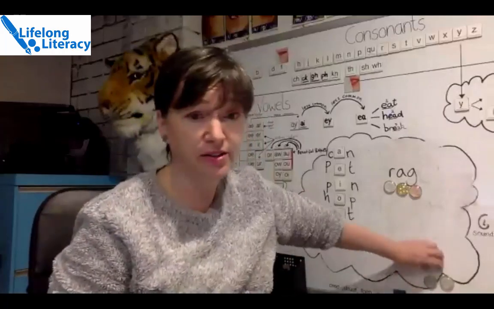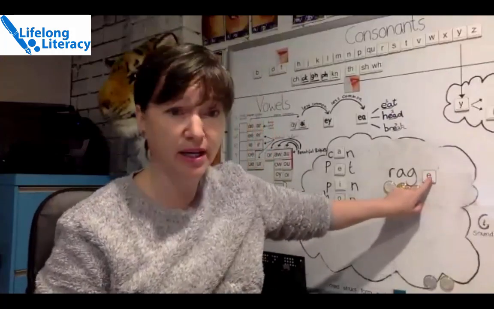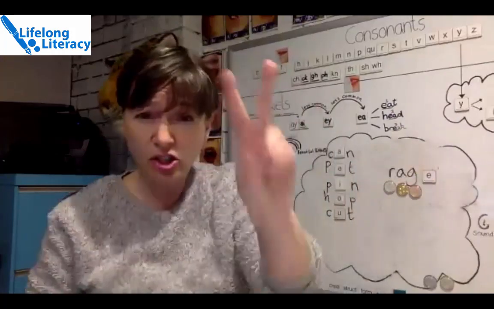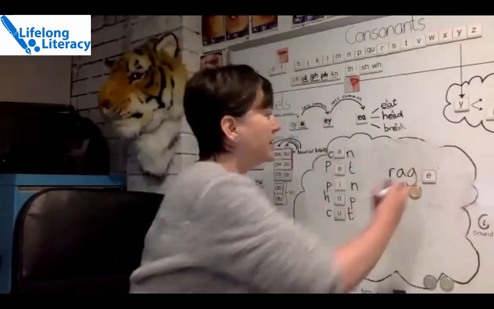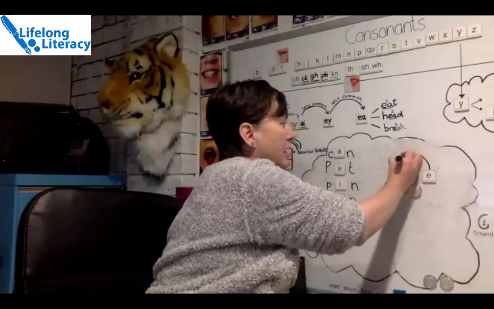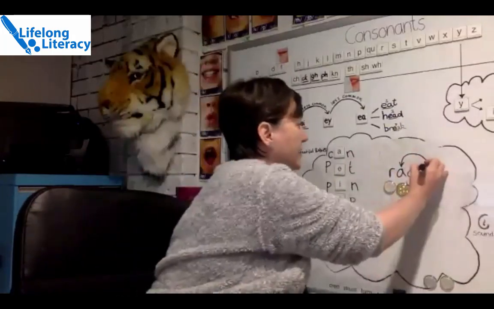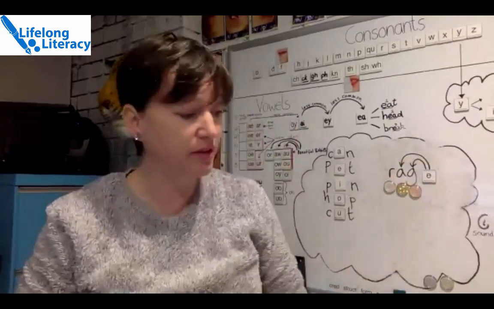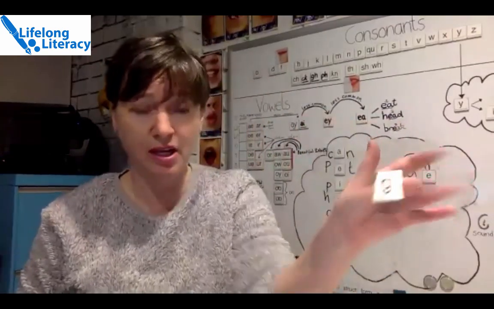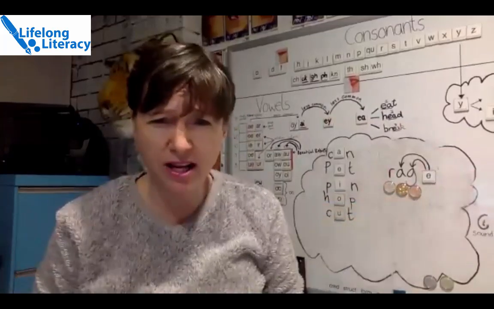If I put final silent E on the end here, we don't get a sound. It's not making a sound, but it is signaling two things. Not one, two things. It is saying, you must say this vowel's name, A, and it's signaling the second sound of the letter G, J. So what we have is R, A, J, rage.